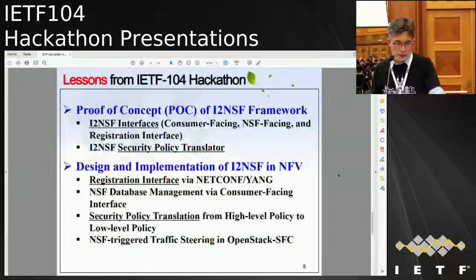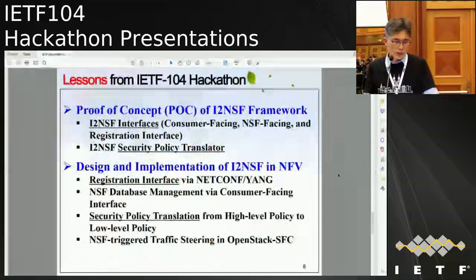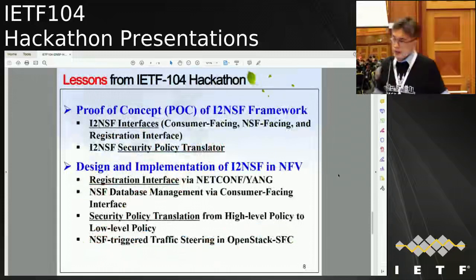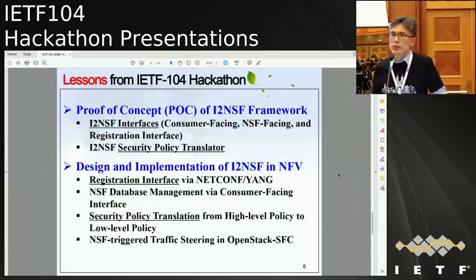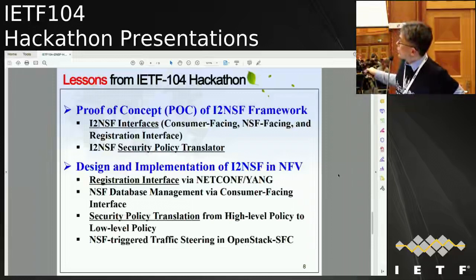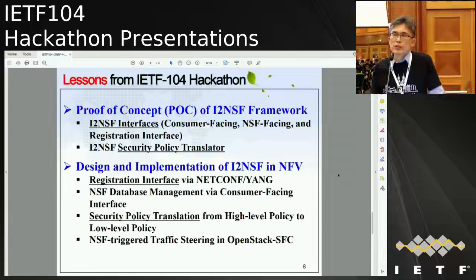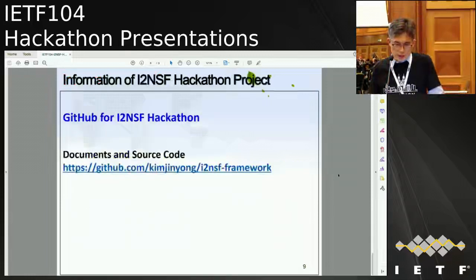This time we proved the concept of the I2NSF framework, and also we implemented the registration interface, specifically the YANG, and also the translation based on NSF database management. Also, we are using SFC provided by OpenStack networking SFC.